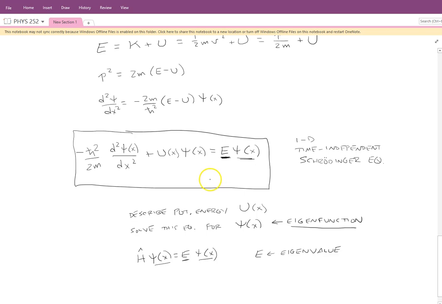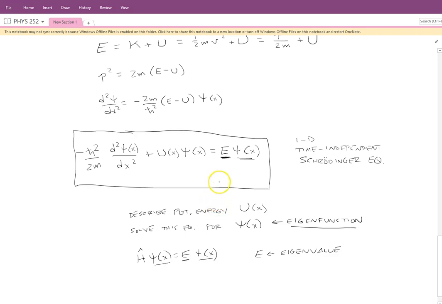The solution that Bohr found for the hydrogen atom is that there are different states, each with its own energy. Well, formally, that's what happens here. For a given system, there will be different quantized energy states with different E's, and those energy states will be described by an eigenfunction. So that's what happens in practice.